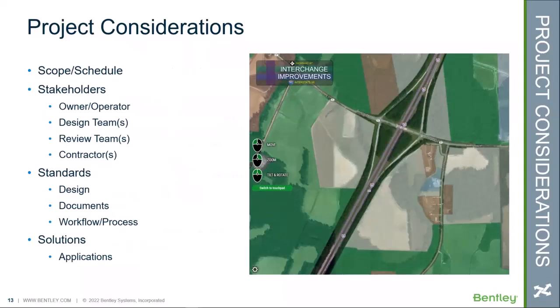The scope of what needed to be done was quite easy: it's whatever Scott told us needed to be done in this particular instance. But the schedule was, I would say, equally as easy. It was the event itself. So we knew what our deadline was, and we had to make it. We were able to understand those first key elements, but it got a little bit more complicated from there.